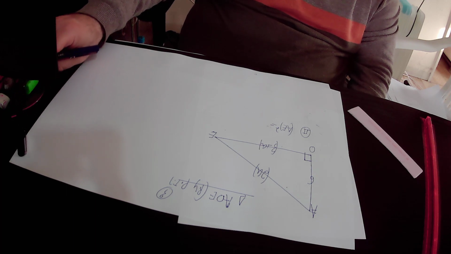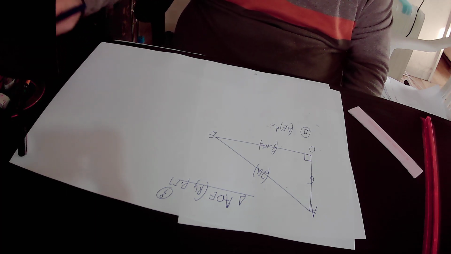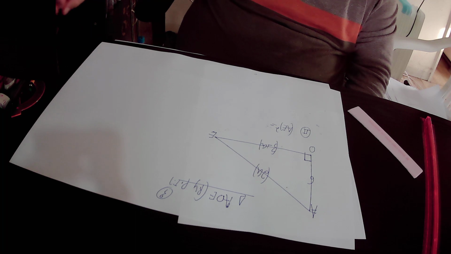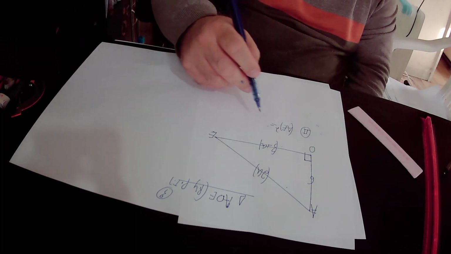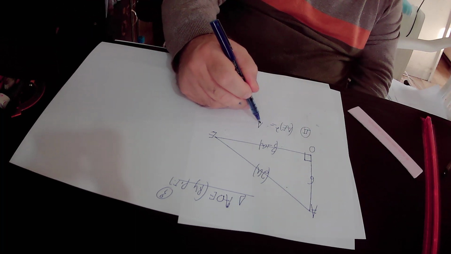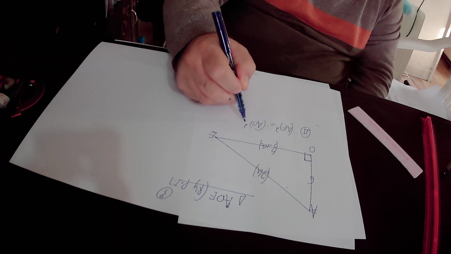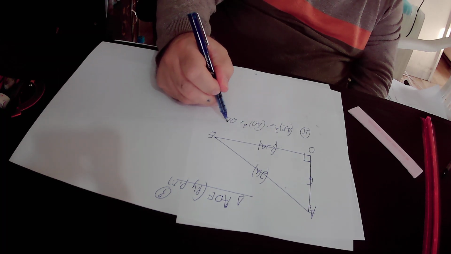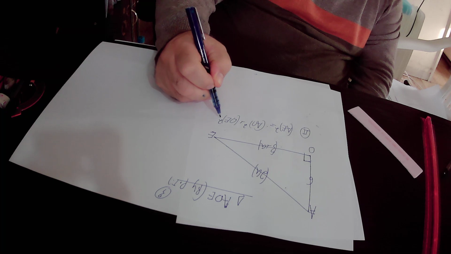This equals AO squared plus OE squared. Okay.